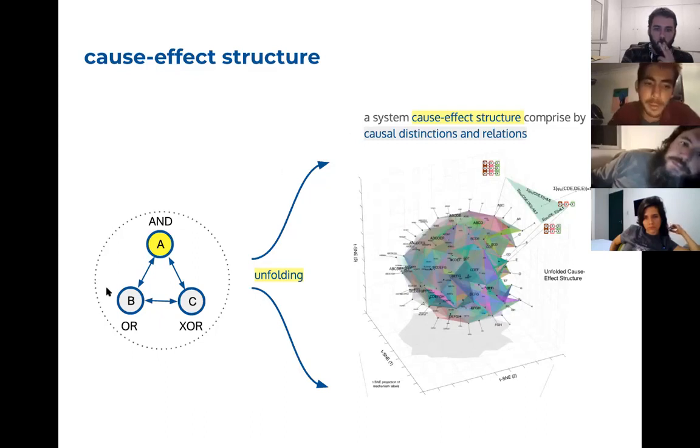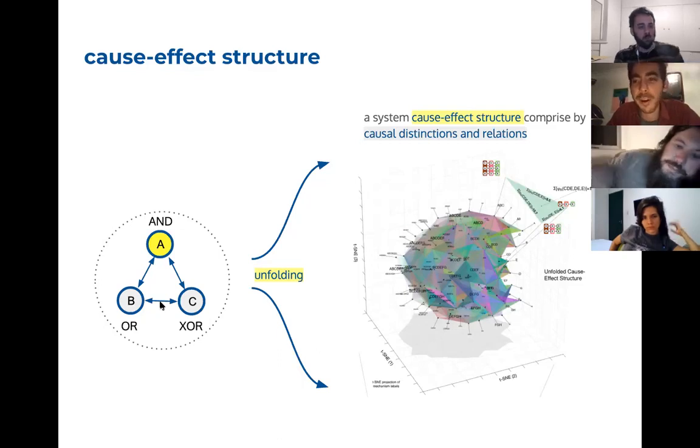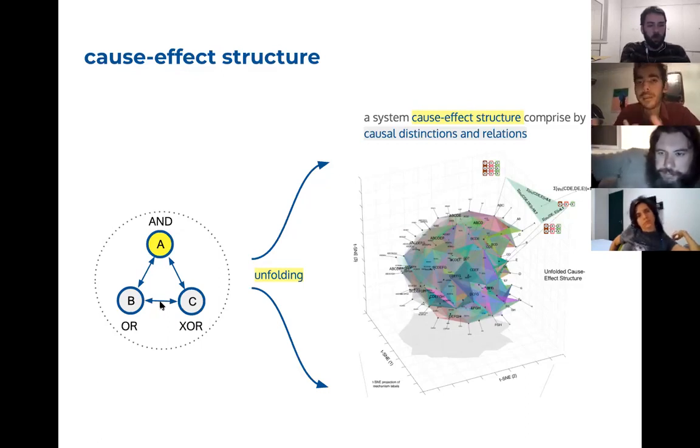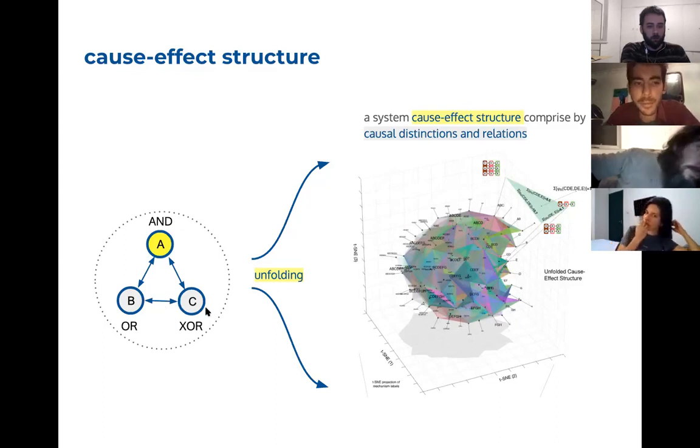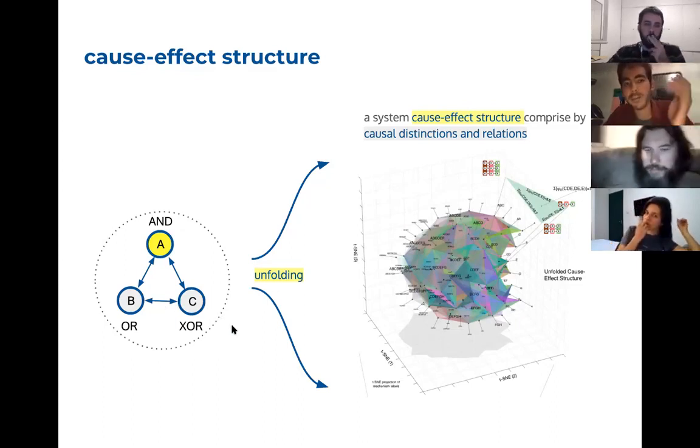But at this point, we just assumed ABC existed as a system. We tested its parts, but not it as a whole. So the full IIT algorithm tests for both things.